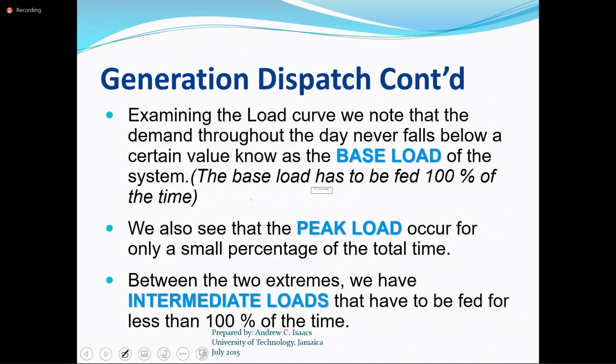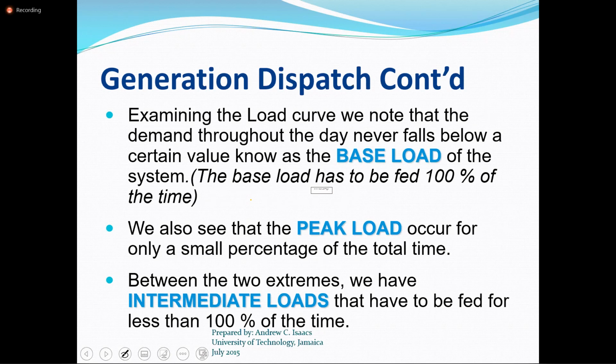So from a load standpoint, we talk about base load, peak load, and intermediate loads. So base load is that load that the system will not go below. All right? So it never falls below a certain value.